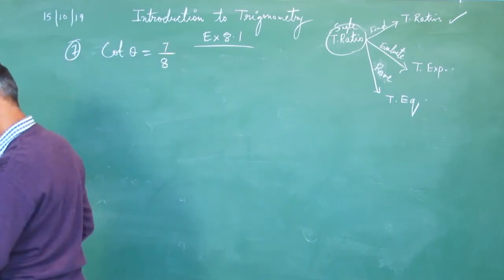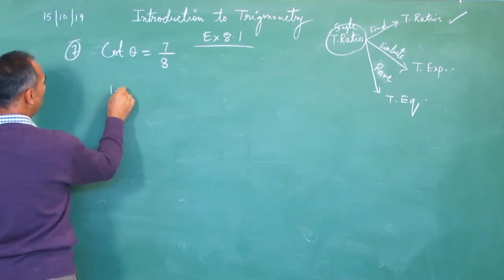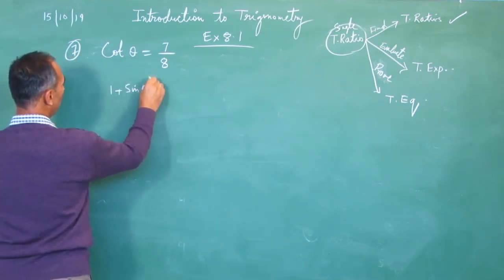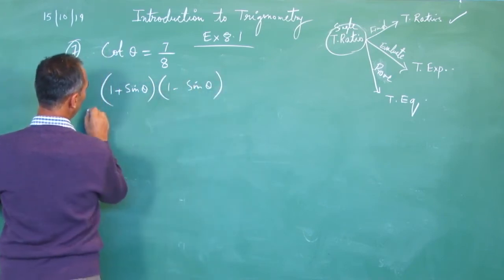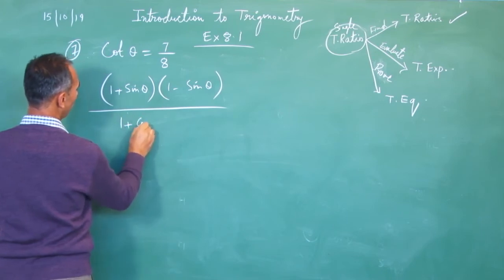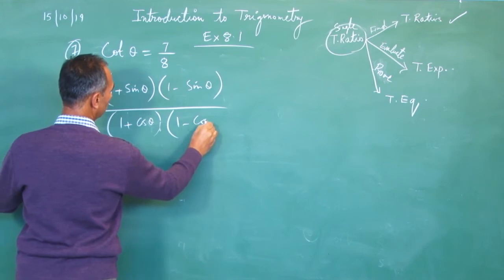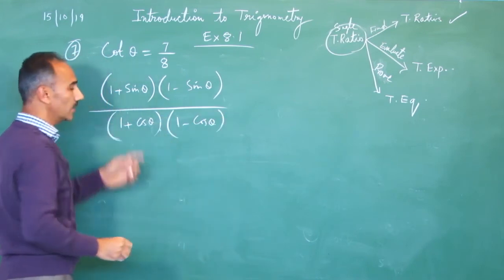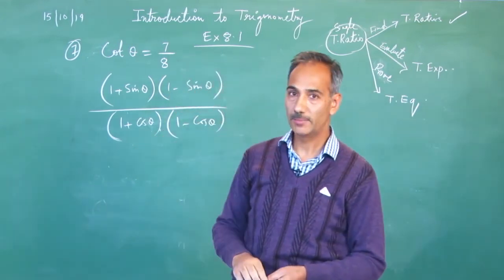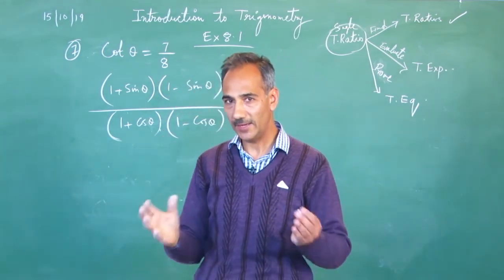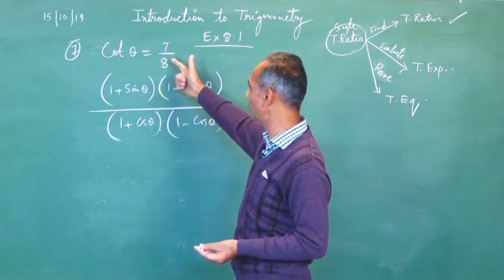And I'm asked to evaluate 1 plus sine theta into 1 minus sine theta, divided by 1 plus cos theta into 1 minus cos theta. So this is a trigonometric expression and the variable is theta. You are asked to evaluate the value of this trigonometric expression, a single t ratio given.